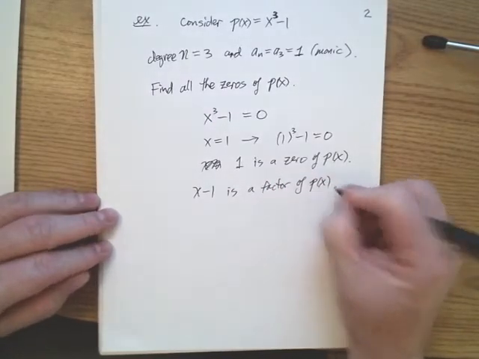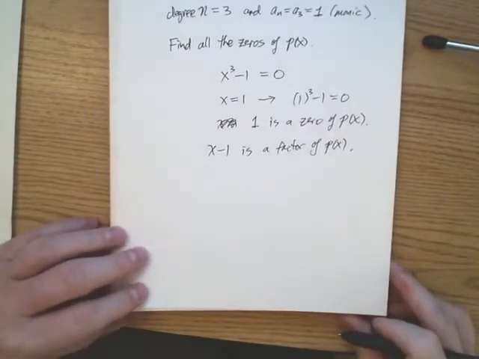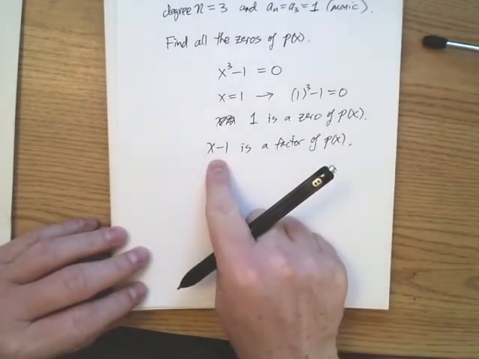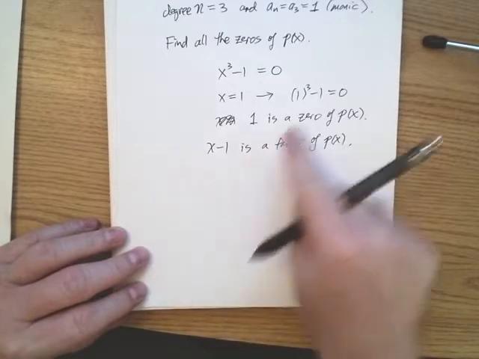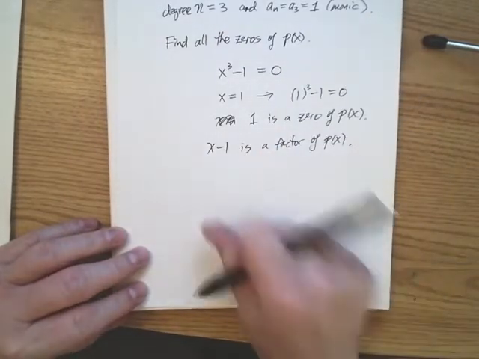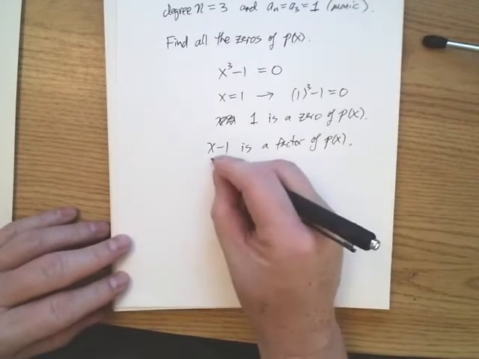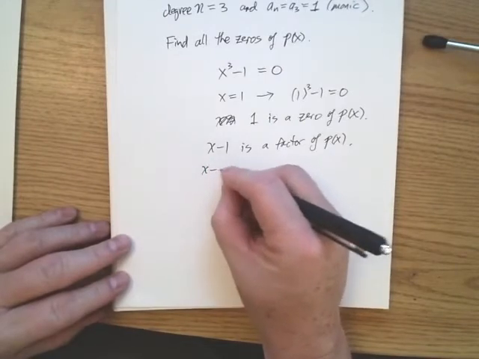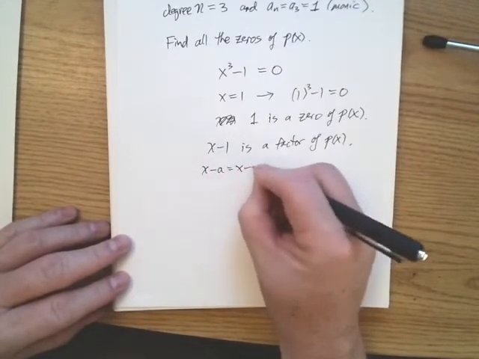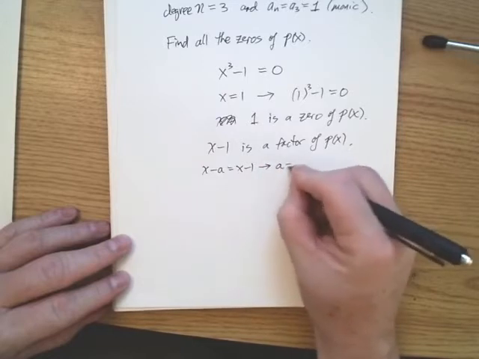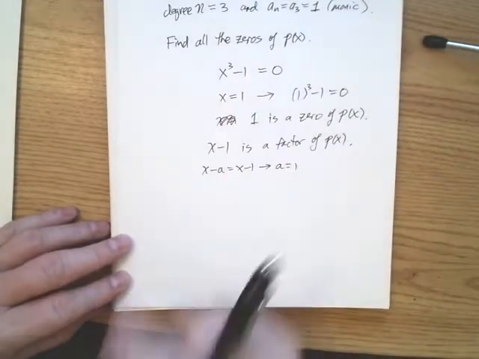So let's imagine using synthetic division. That would be perfect on this, right? Let's say I took my polynomial p of x and divided it by x minus 1. Now you remember x minus a, which we were calling x minus 1, implies a equals 1. Yes, that's my zero here.